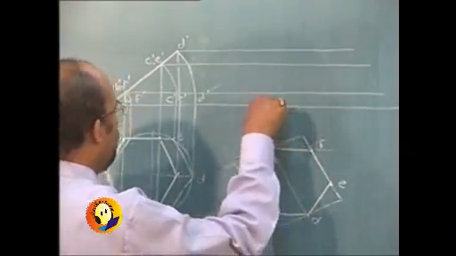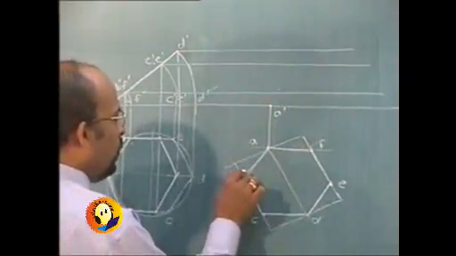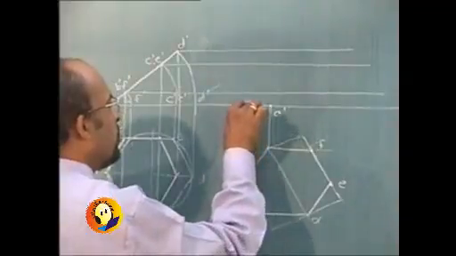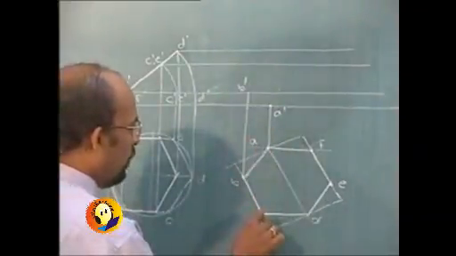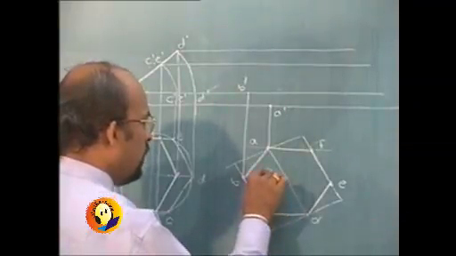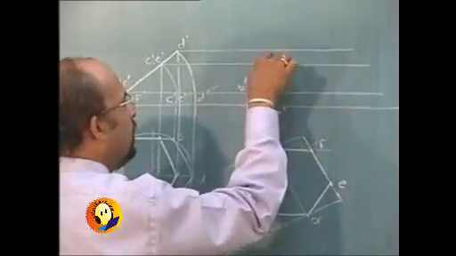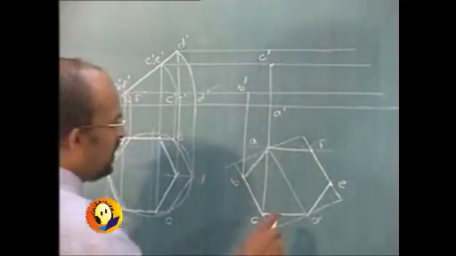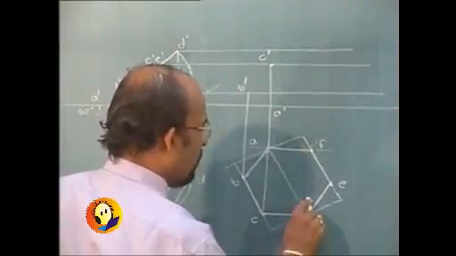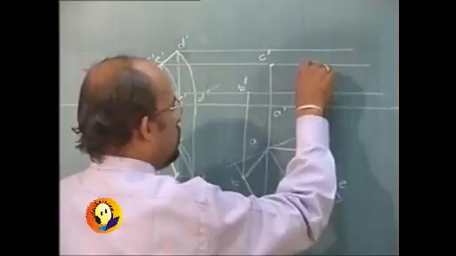Point A, so this will be A dash. Draw the projector through B up to the path, this will be point B dash. Projector through C, in this case it is coinciding, let it coincide. We will have to check it with the actual dimensions earlier. Points D and F in this case are coinciding.